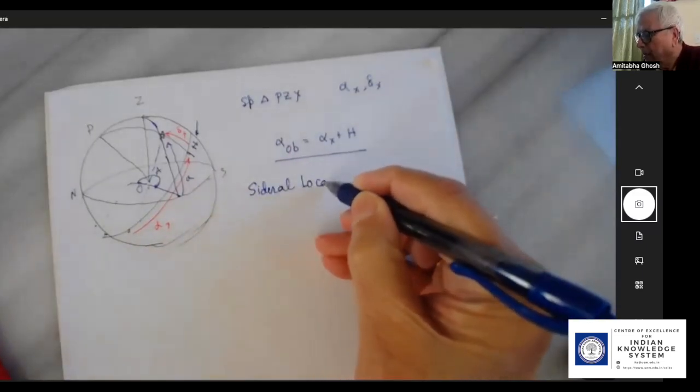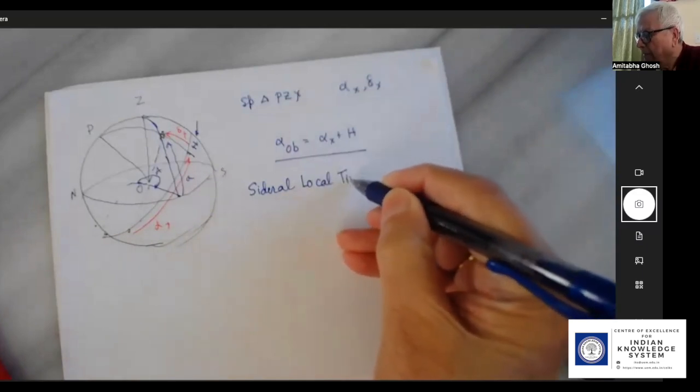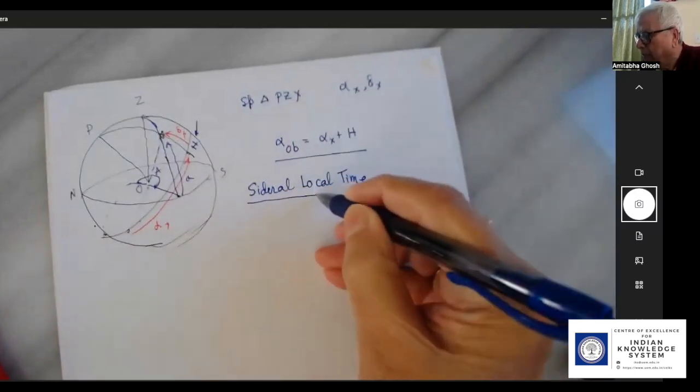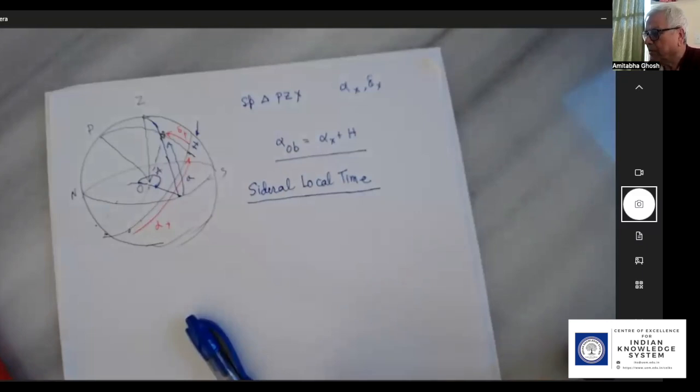There, time is measured from the instant when a particular star or object which you are considering crosses the prime meridian. So they consider the reference point to be the vernal equinox.